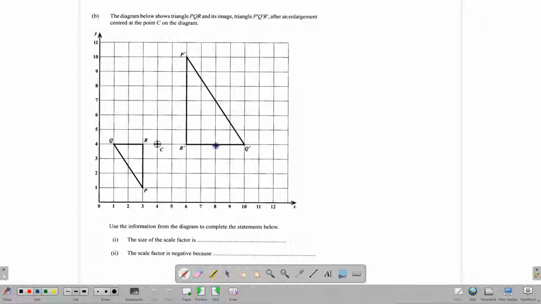So this side here, answering part 1, this side here is 4 units long, so R prime Q prime is 4 units long, and RQ is 2 units long. And so we divide that. 4 divided by 2 is 2, which tells us that our scale factor is 2. So we can write that in. Scale factor is 2.